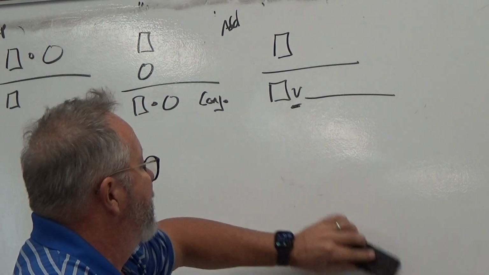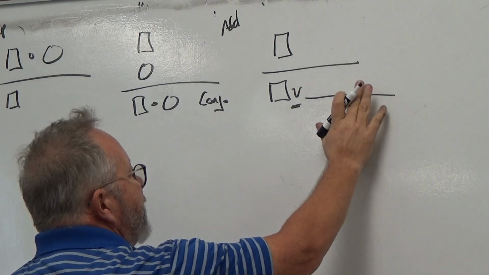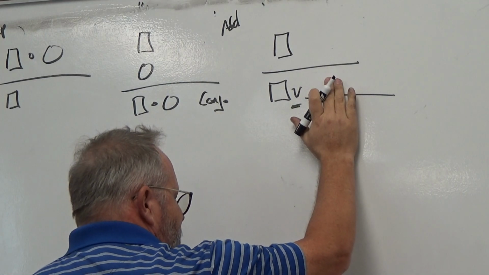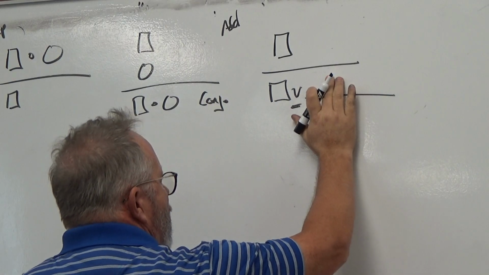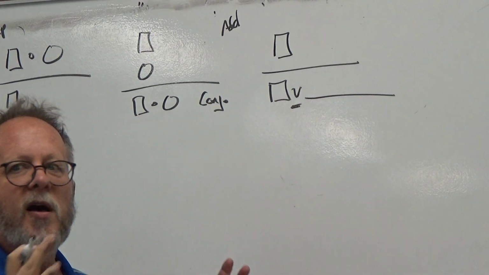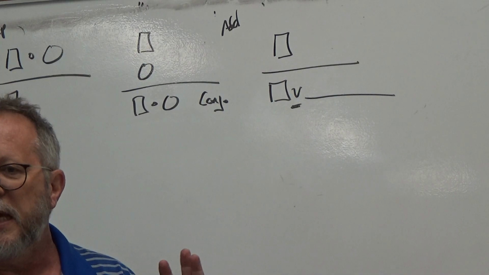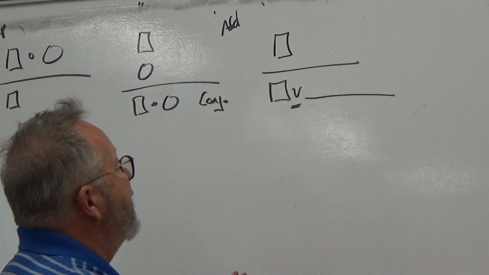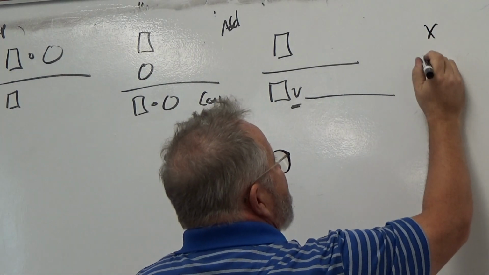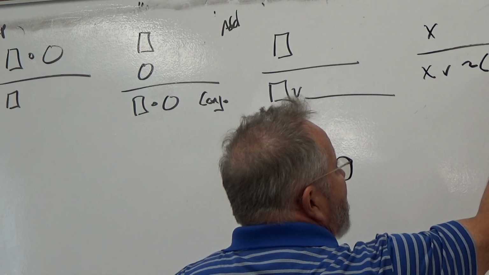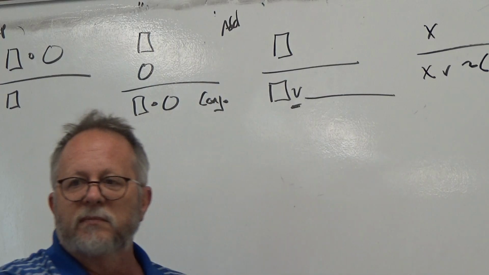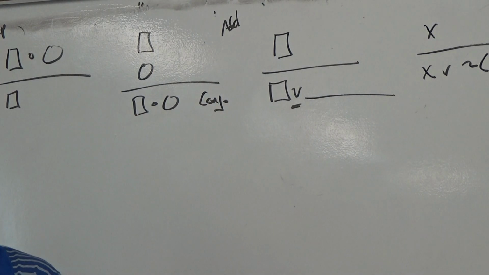Okay, and what I add on here could be a simple statement constant, it could be a negated statement constant, or it could be a complex statement, negated or otherwise, right? If I have X, I could say X or not A and B. I can add whatever I want. Why?